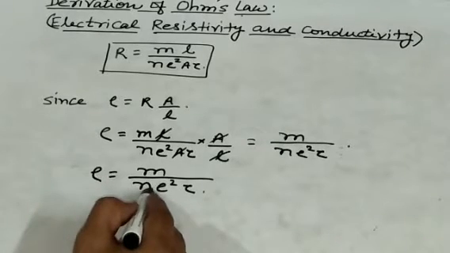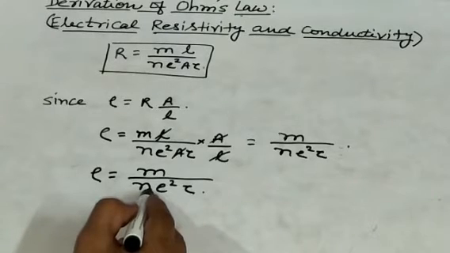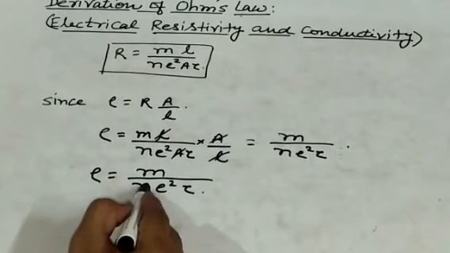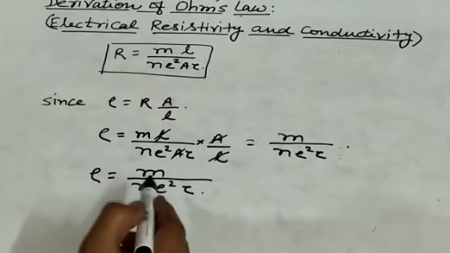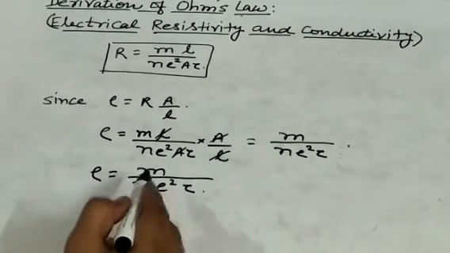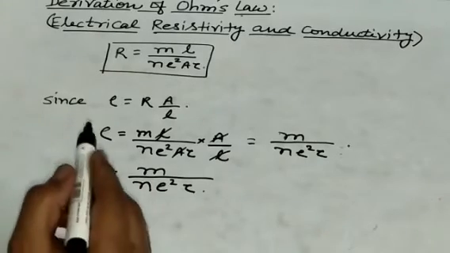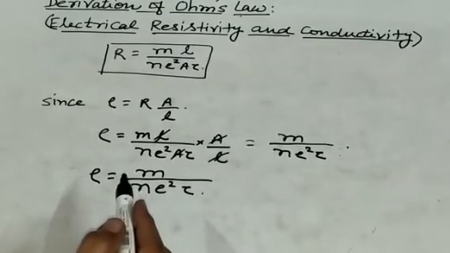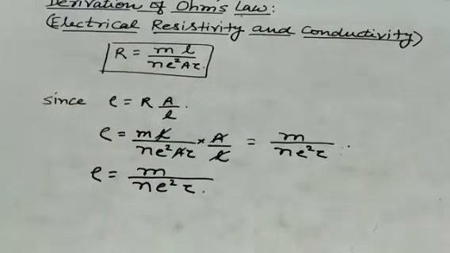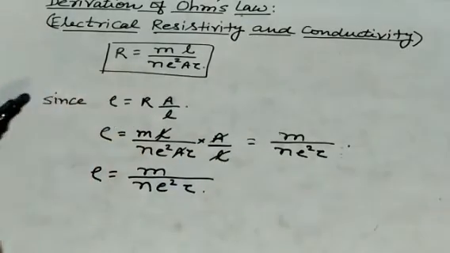Then rho depends on N. N means number of electrons per unit volume inside the conductor, and for a given conductor N is the same. Due to this reason, specific resistance depends on the material. It does not depend on the length, or on the area of cross section of the wire for the same material. So in this way we can say a specific resistance is not changing by changing the length of the same conductor or the area of cross section of the same conductor.